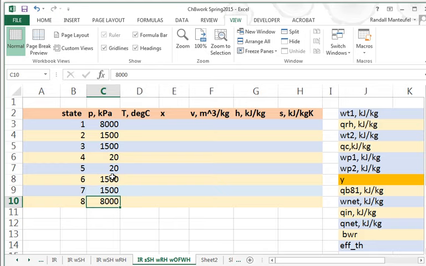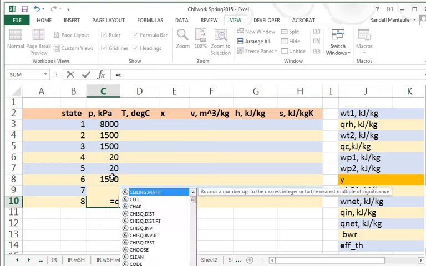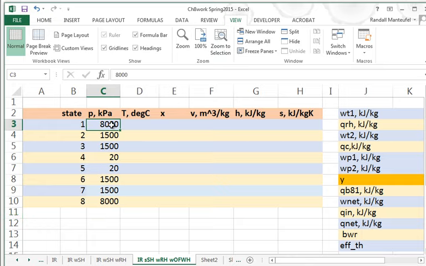So if I say, oh, I want to go to 9,000 or 9 megapascal, it automatically updates. Right? So let's leave it at 8,000 and let's leave it at 1,000. If you wanted to do the same thing, this would be equals C6. How many people are familiar with Excel? Very good. You have an advantage.